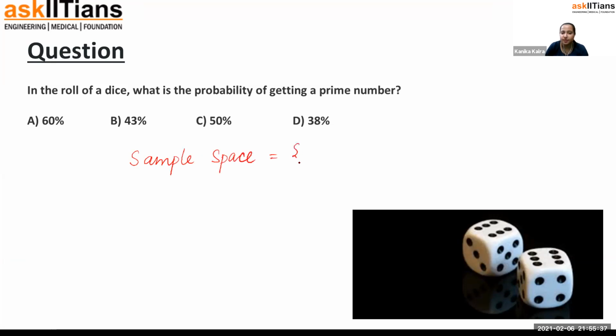So sample space would be 1, 2, 3, 4, 5 and 6. So this is the sample space. Now the favorable outcomes are prime numbers. Prime numbers in this are 2, 3 and 5.